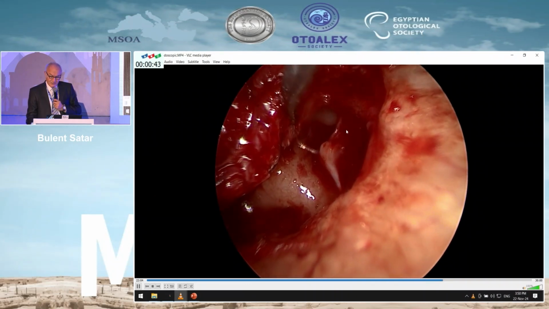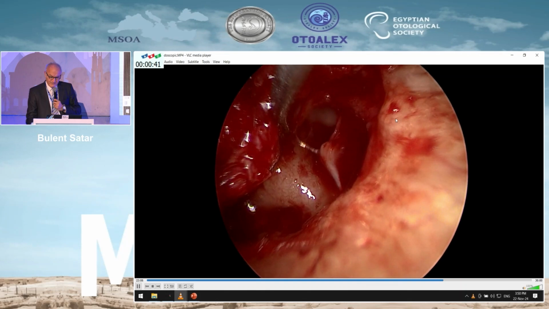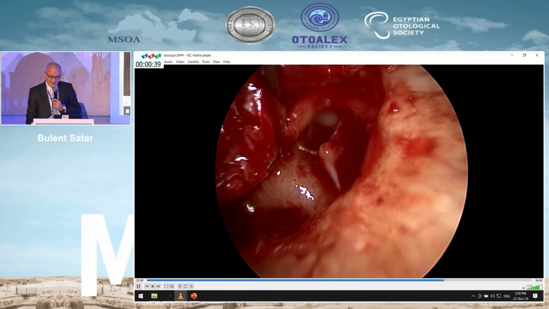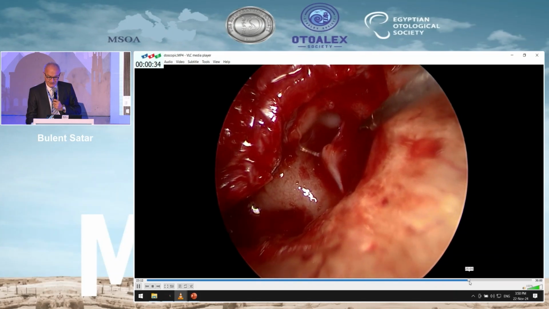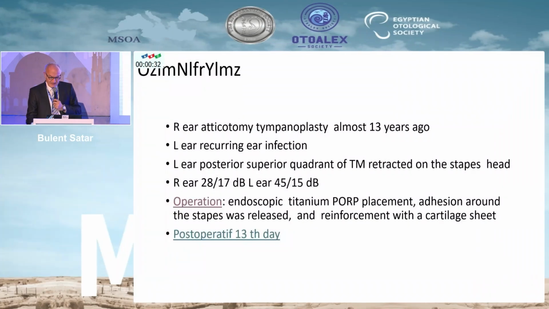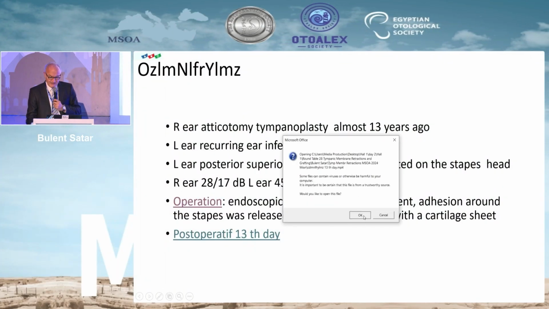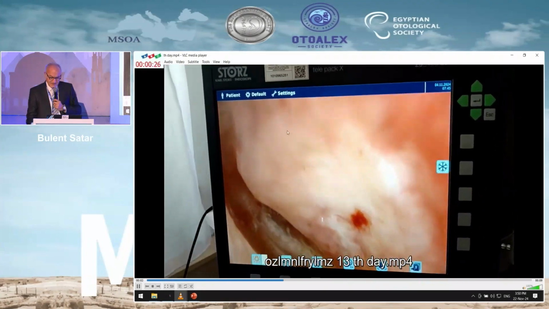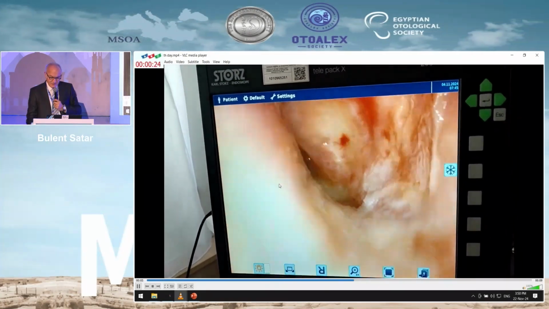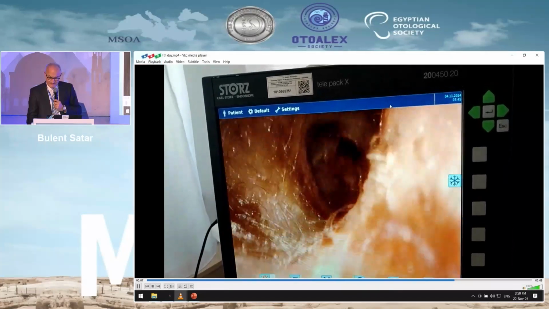There was erosion of the long process of the incus. I put in a titanium prosthesis and cartilage. And this was the 13-day appearance, cartilage and a normal tympanic membrane.